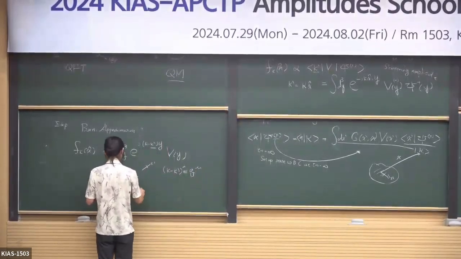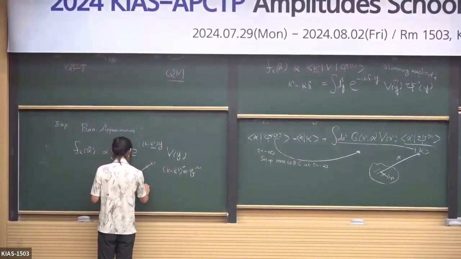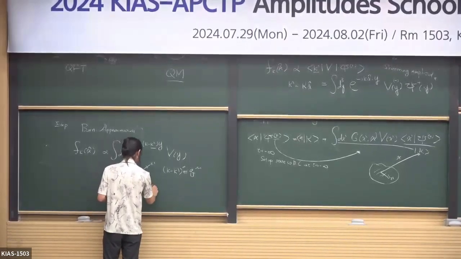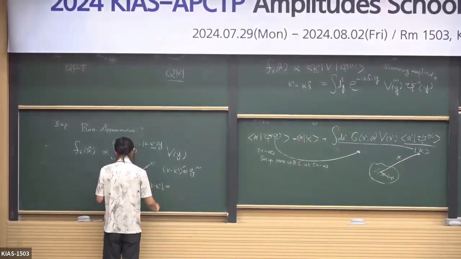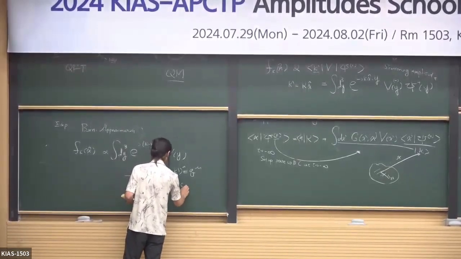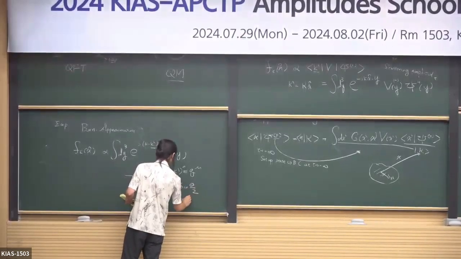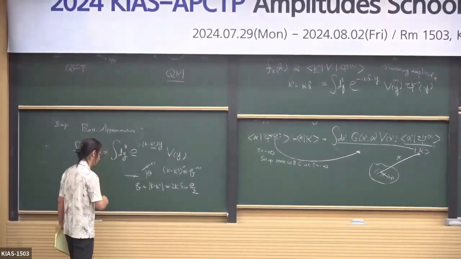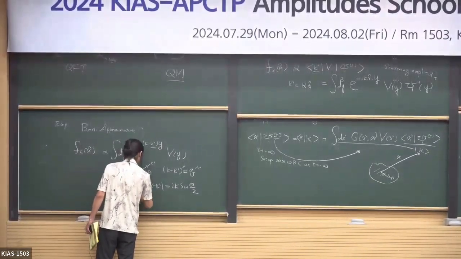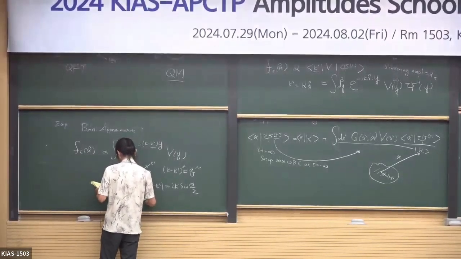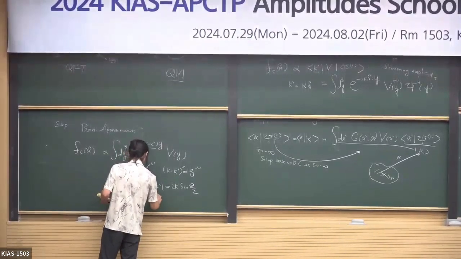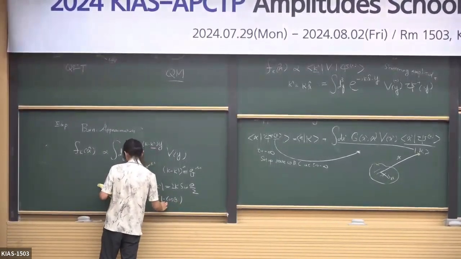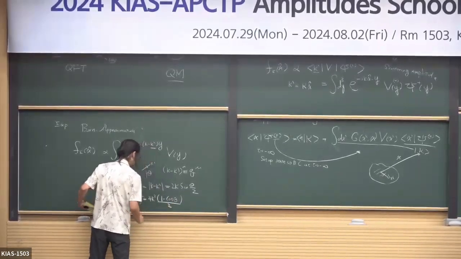And you can see that the absolute value of q, which is |k minus k'|, is going to be 2k times sine of theta over 2, where theta is your scattering angle, which is how much angle you're scattering off. If I square it, it's going to be equal to 2k squared times 1 minus cos theta.